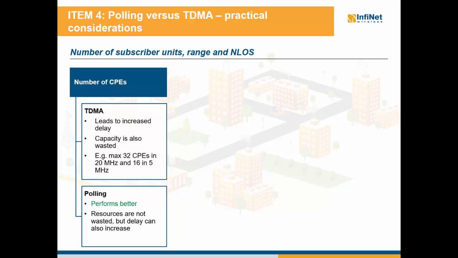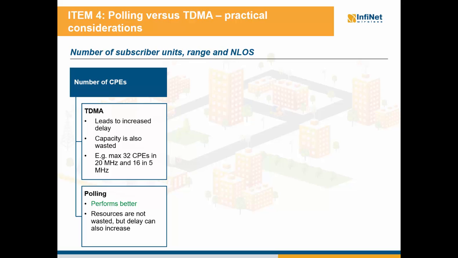Roughly speaking, the delay is the number of CPEs times the duration of the TDMA frame when subslots are not used. Additionally, if several CPEs have no data to send, they still get their turn for using the fixed allocated slot, so the capacity is wasted. It is recommended to divide the TDMA frame into subslots for a larger number of CPEs.